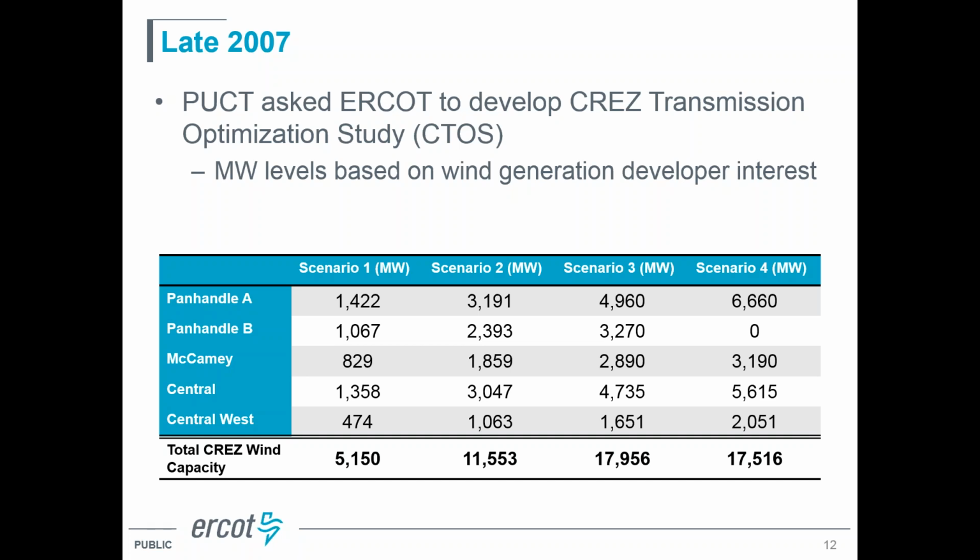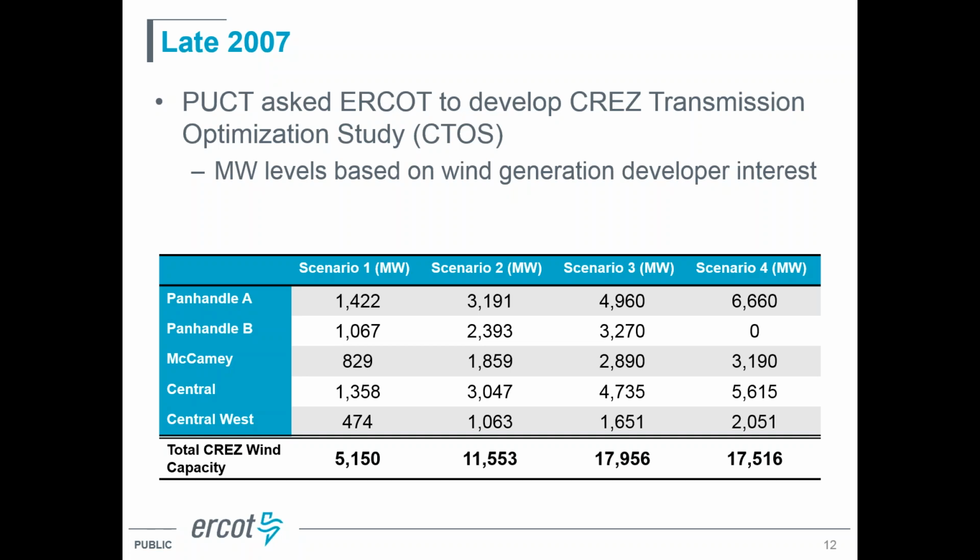The reason they did that is because that zone, from a load or demand perspective, is not served by the ERCOT system today, and so they looked at spreading those megawatts out in the other zones. So that's how they came up with the 4 scenarios. They asked us to look at each of those 4 scenarios and develop an optimal transmission system plan for each of those scenarios. And I also want to point out that these numbers were in addition to what was already existing on the transmission system and what was already committed and planned.